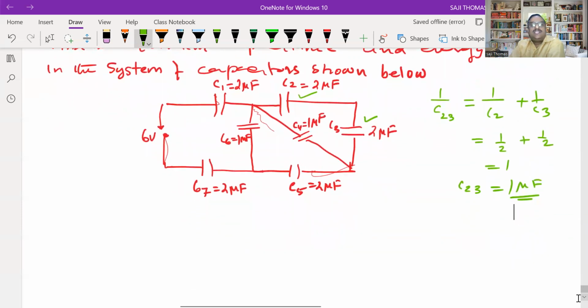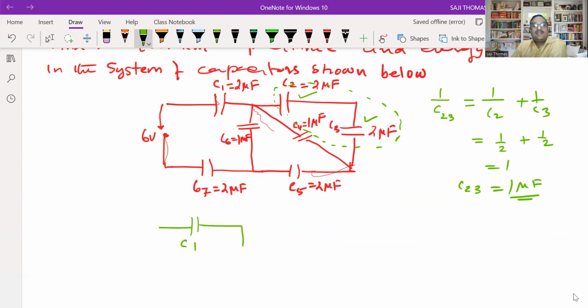Now we replace C2 and C3 by a single capacitor. If you want, we can redraw the diagram like this. This was C1, C6, and this middle was C4, it is 1 microfarad.